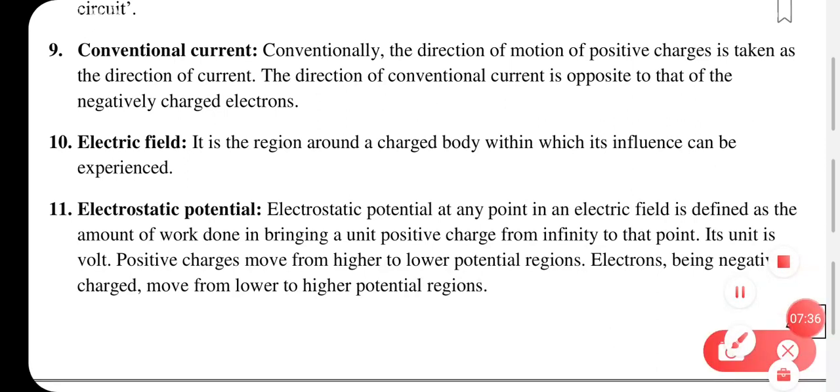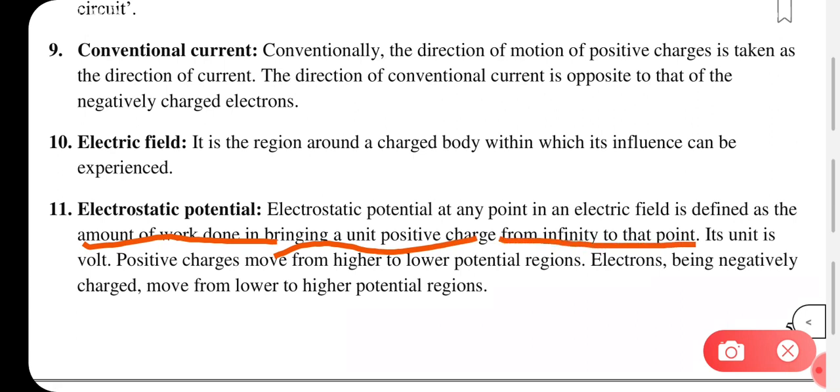Now moving on to the next point, that is about electrostatic potential. Electrostatic potential at any point in an electric field, means in an electric circuit or wherever the influence of electricity is being experienced, is the amount of work that can be done in bringing a unit positive charge from infinity to that point.